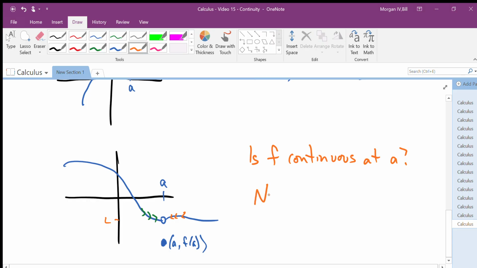Again, the answer is no. Even though the function exists, the blue dot down there, and even though the limit exists, the two are not equal. So no, because the limit as x approaches A of the function does not equal f of A. That would be not continuous at A.